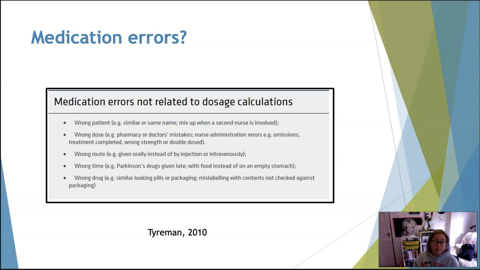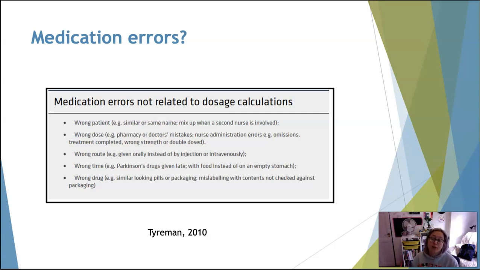They've been given a continuing treatment even though their official treatment course is finished. It might be that they've been given the wrong strength of medication, or a double dose because prescription charts haven't been followed or signed appropriately and second nurses have come along and given medication again. It might have been given by the wrong route, so orally instead of by injection or intravenously, or vice versa.